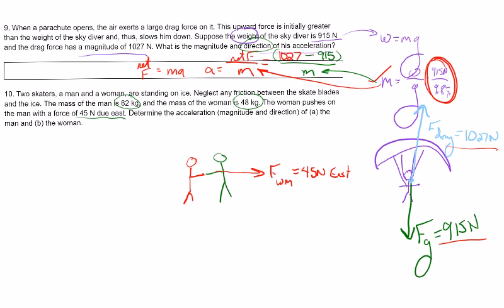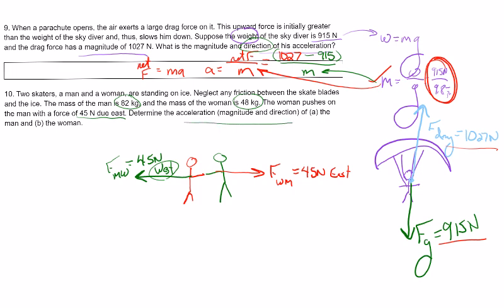For every action, there should be an equal and opposite reaction. So therefore, the man is going to push on the woman with a force of 45 newtons west. So the force of the man on the woman would be the same magnitude, just opposite direction. Okay? So we're going to use that to solve these.